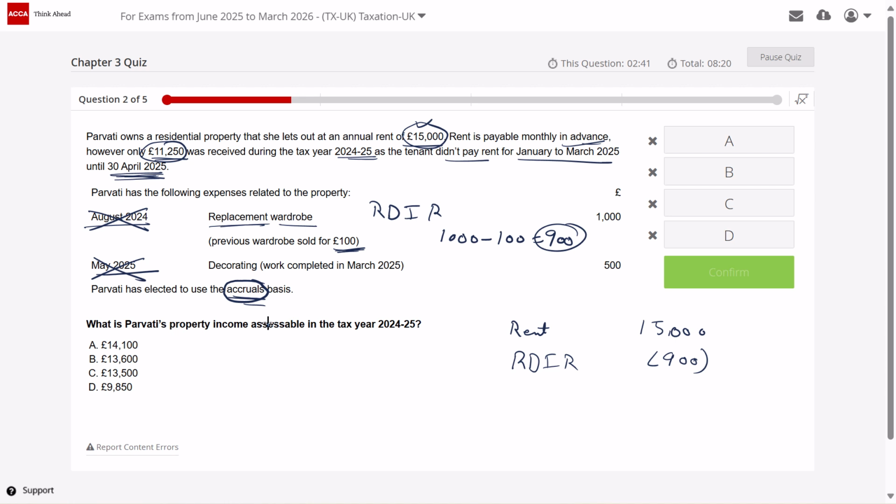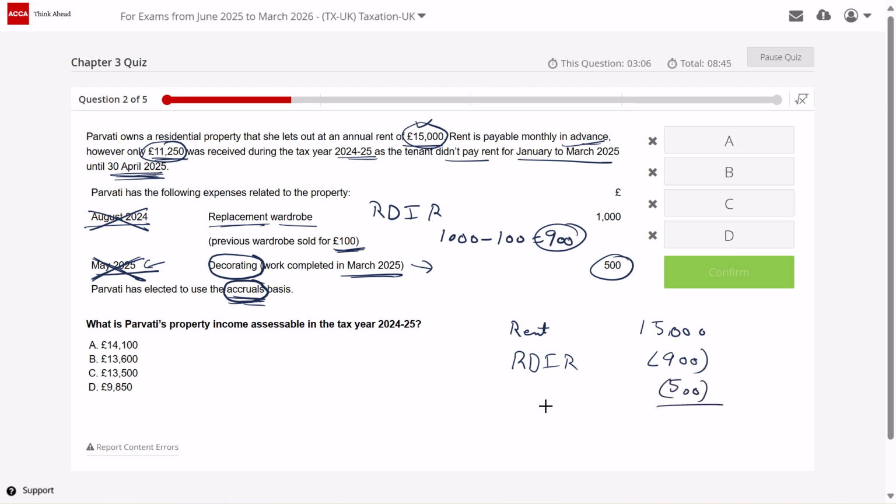Other than that, Parvati had incurred some decorating expenses, and the work was completed in March 2025 itself. Can I say this pertains to tax year 24-25 on accrual basis? On cash basis, the payment was made in May 2025, but it is irrelevant. So from the accruals basis point of view, this is an accrued expense, right?